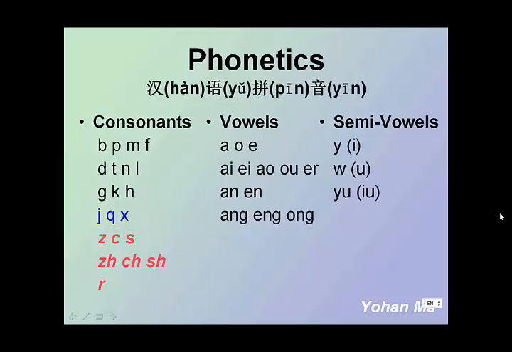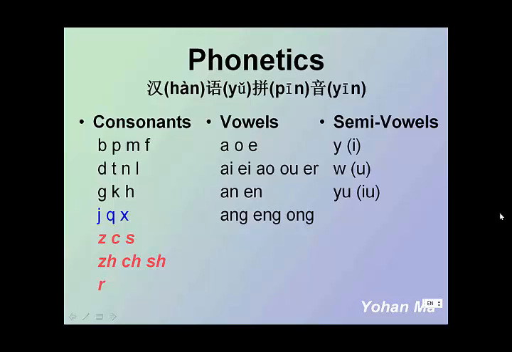You will see that I put 3 other letters in the parentheses, because when you write the phonetics, Y is used at the beginning of the sound of the word, like yan, Y-A-N.